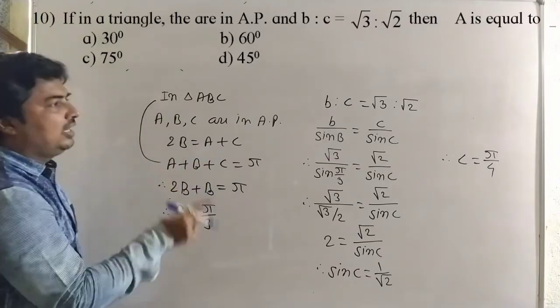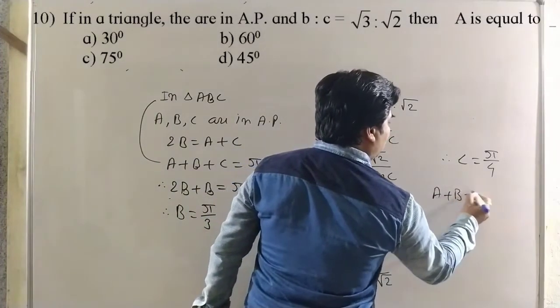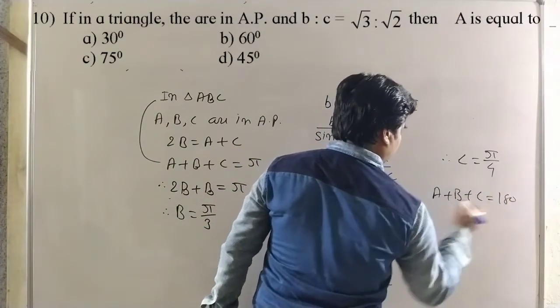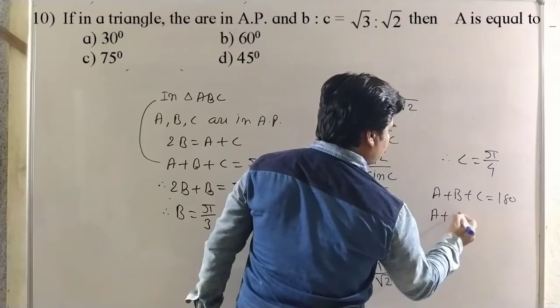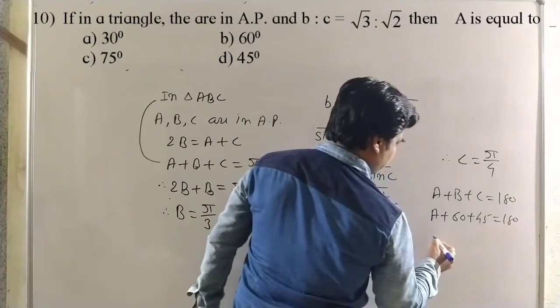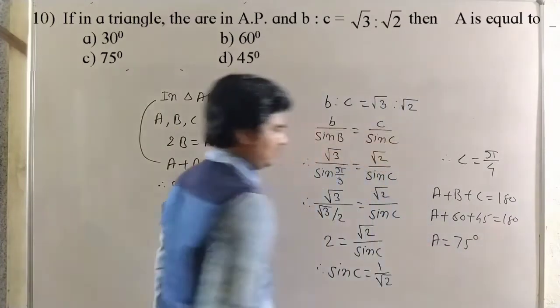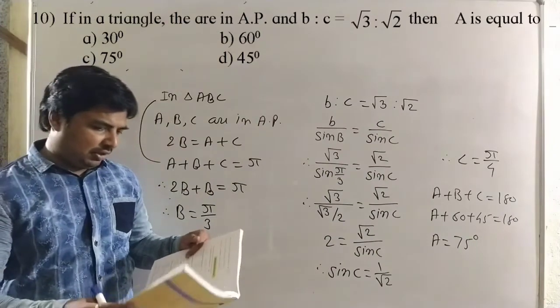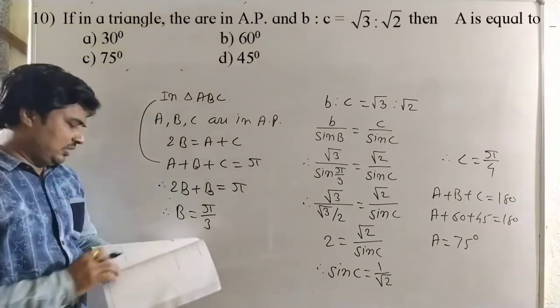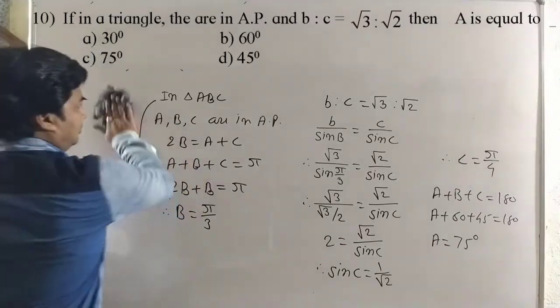Then the angle A is 75. Therefore A plus B plus C is equal to 180, that means A plus 60 plus 45 is equal to 180, and then A is equal to 75 degrees. Here it is option C, 75 degrees. Now the next question.